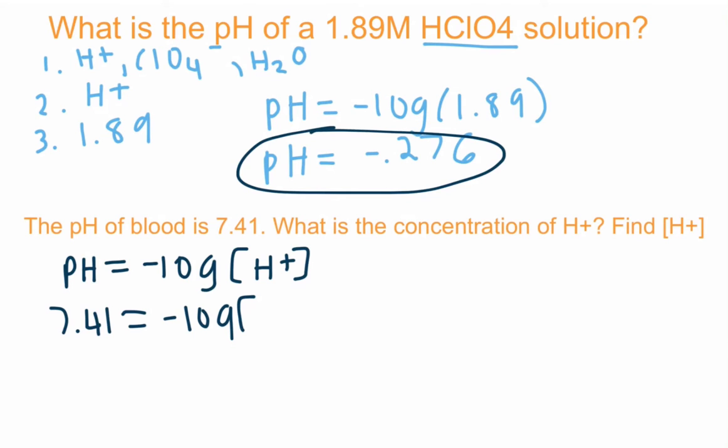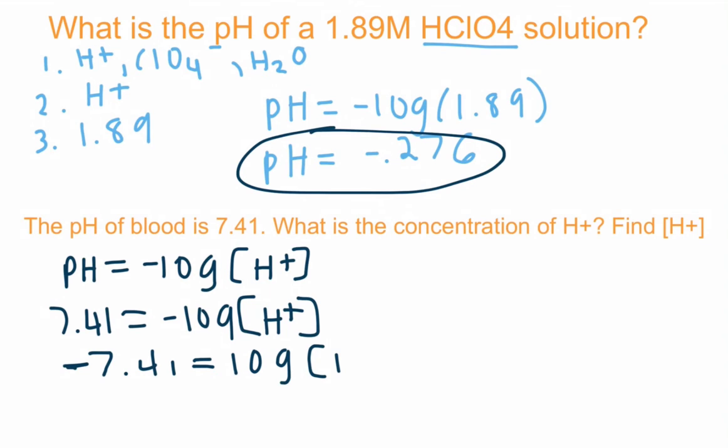We're going to plug in the pH. Now we're going to move the negative over by dividing by negative 1. So it will be negative 7.41 equals the log of H+. We're going to undo that log with the 10 to the power function.